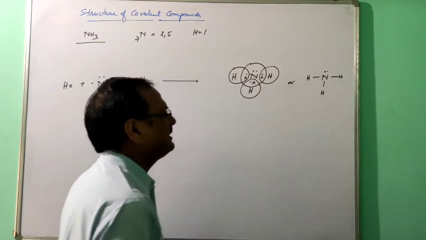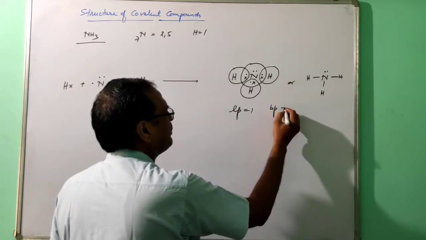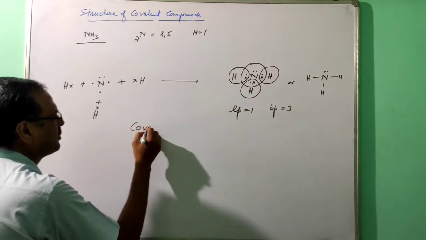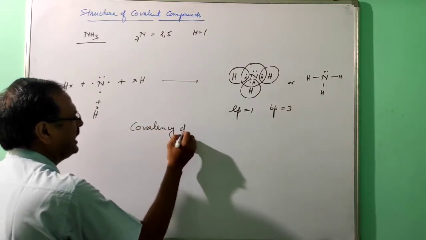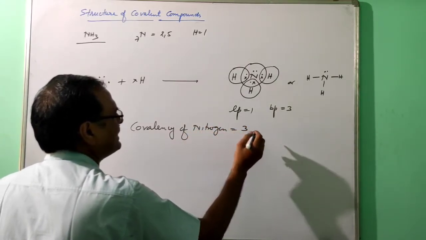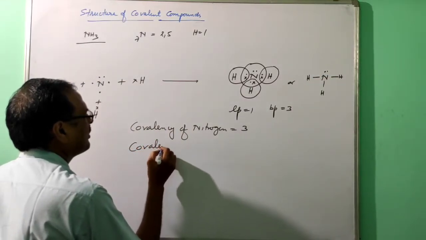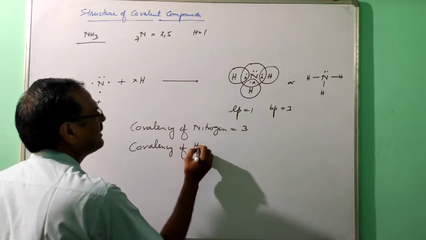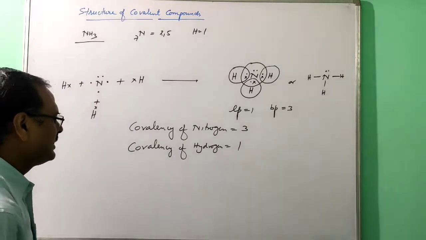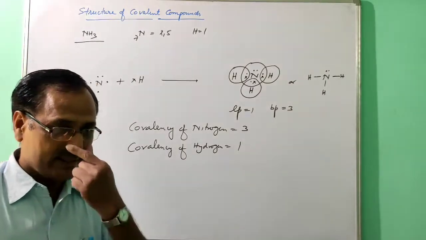In this structure, there is 1 lone pair of electrons and 3 bond pairs. The covalency of nitrogen is 3: 1, 2, 3, and the covalency of hydrogen is 1.